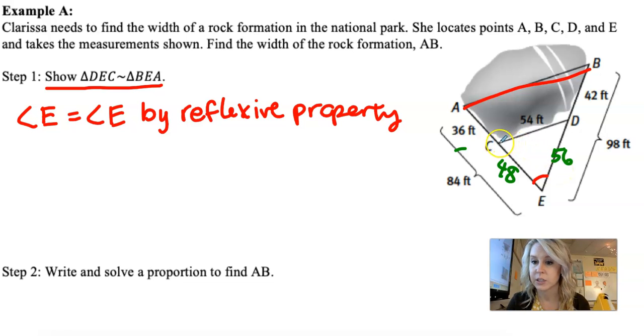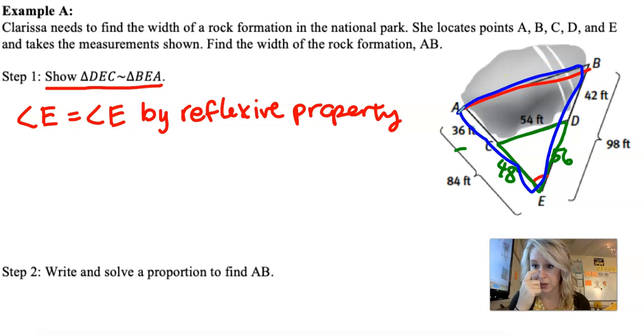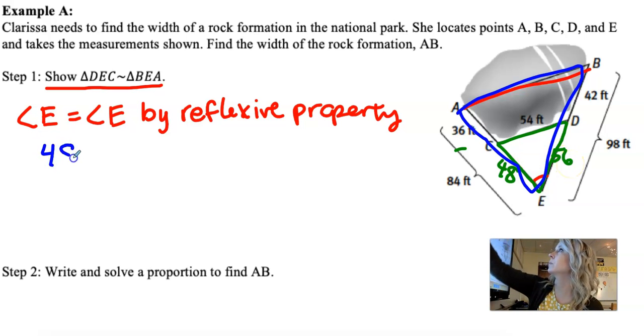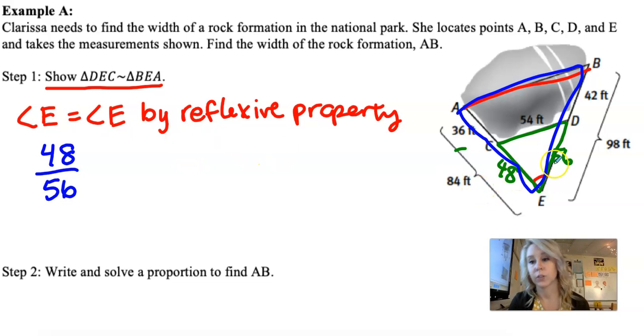So I'm going to look at this small triangle. I'm going to highlight it in green. And then I'm going to look at my bigger triangle in blue. Okay? So I already know they share E in common, so that's an angle. So let's check the sides. So here's how you check proportionality a new way. So I'm going to say 48 over 56. So I said the left side over the right side.